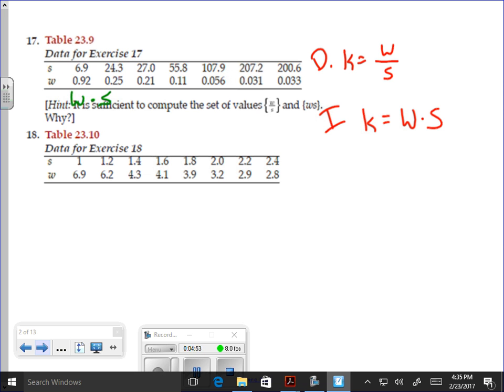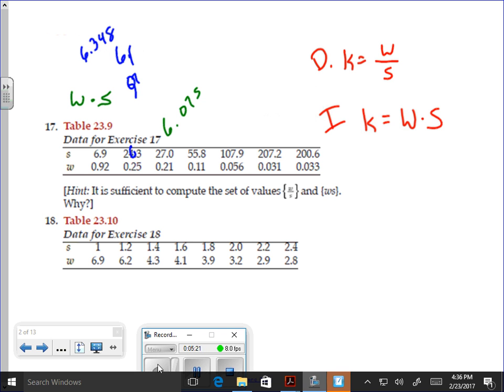6.9 times 0.92, you get 6.348. 24.3 times 0.25, I get 6.075. Not exactly the same, but the second one, 6.075, is close.